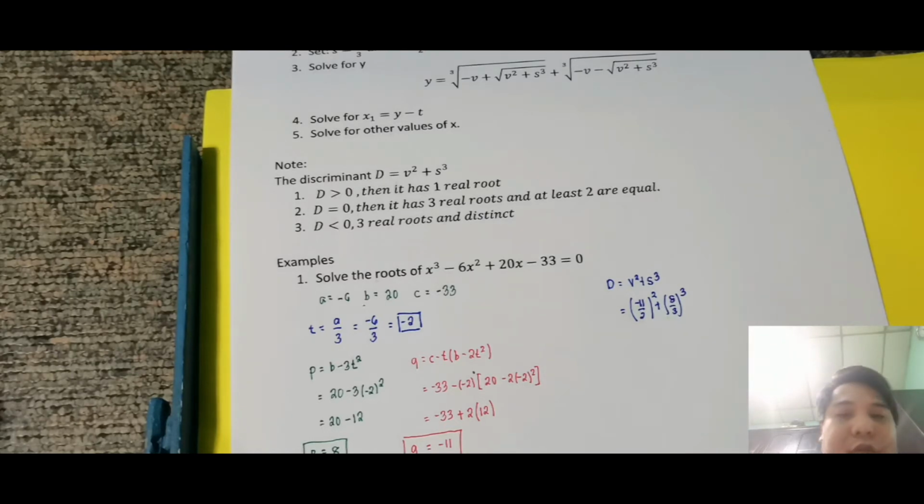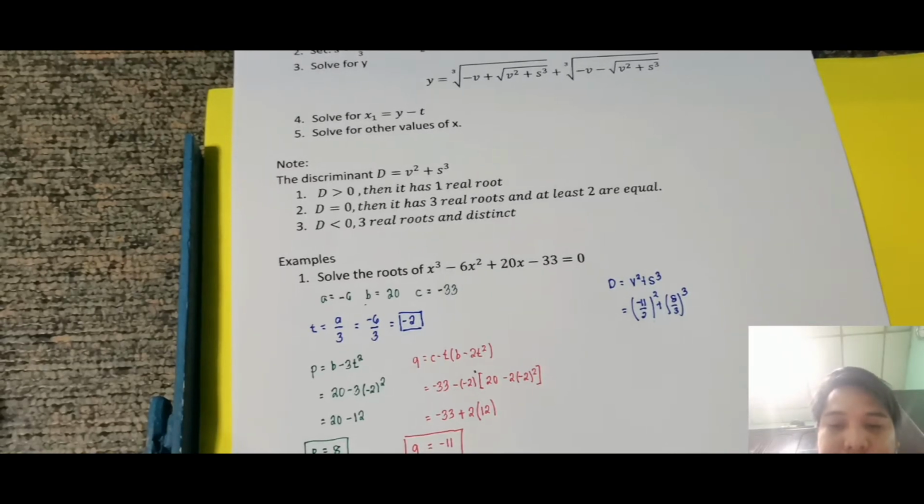Okay, so that is negative 11 over 2 squared plus 8 over 3 cubed.